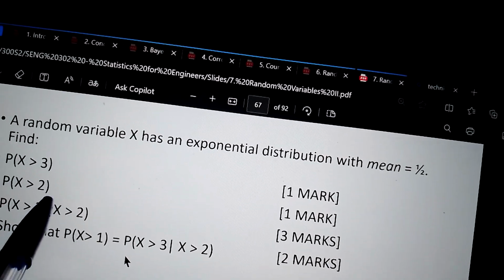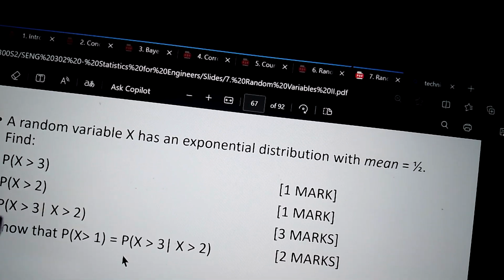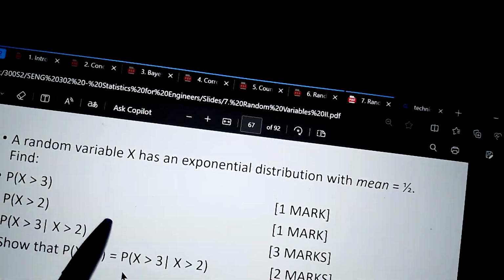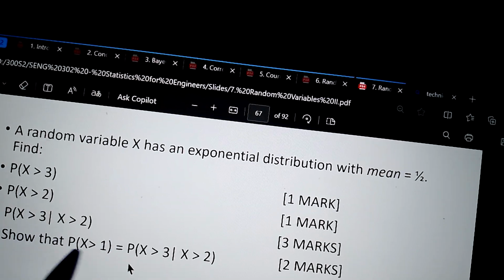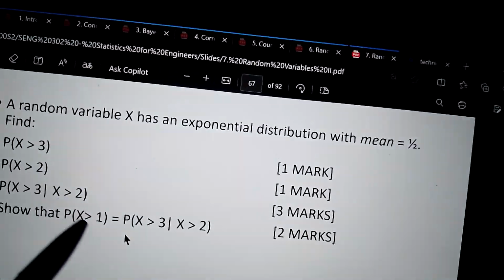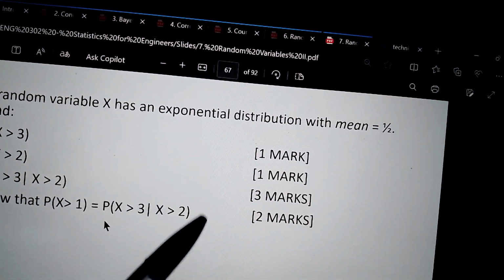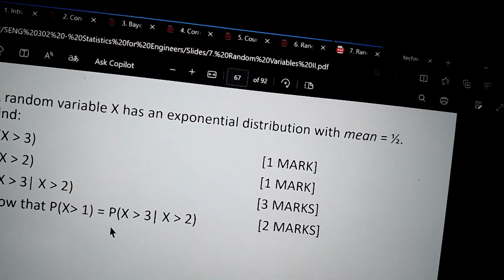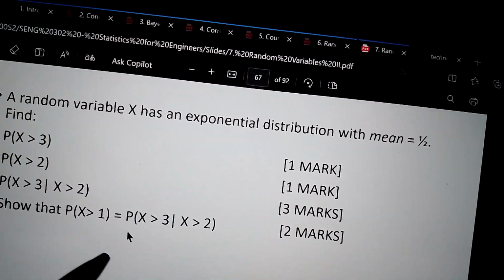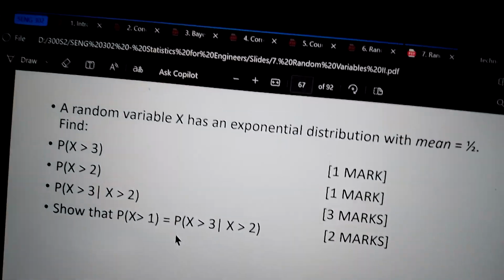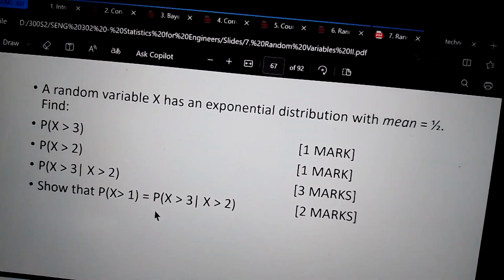If x is greater than 3, it is greater than 2, so the intersection is x greater than 3, all divided by x greater than 2. That will be e power minus 6 divided by e power minus 4, which gives e power minus 2. And the probability that x is greater than 1 is basically e power minus 2. So this one is the same as this, and you're done proving this, and that's worth 6.